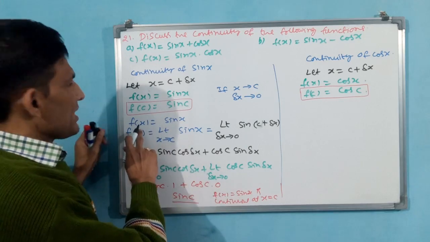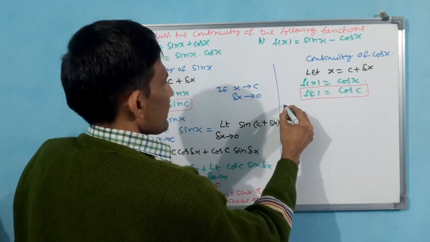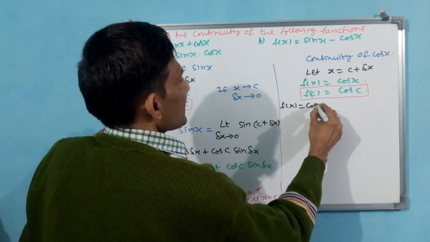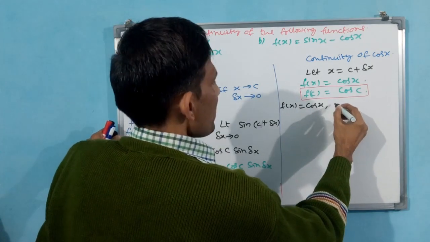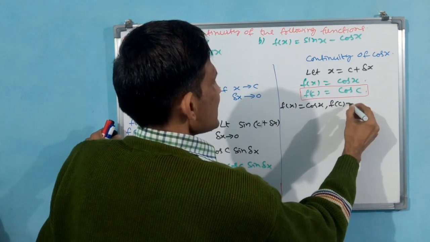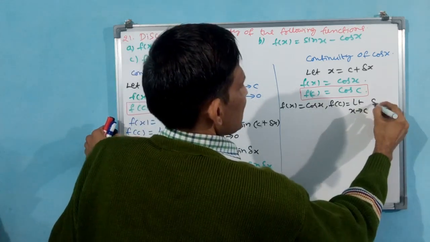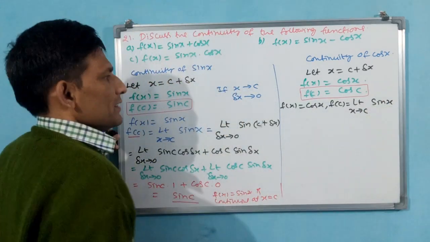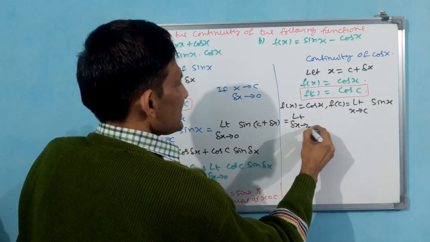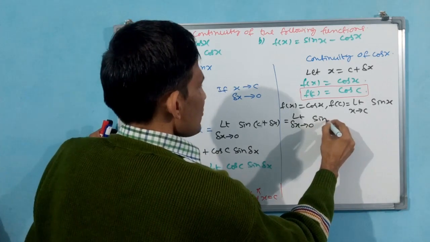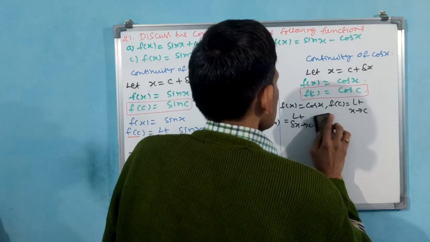I am writing like this, you see. f of x is equal to cos x, f of c is equal to limit x tends to c cos x. That is equal to limit delta x tends to 0. Cos we have to write, no? Cos, we have forgotten.